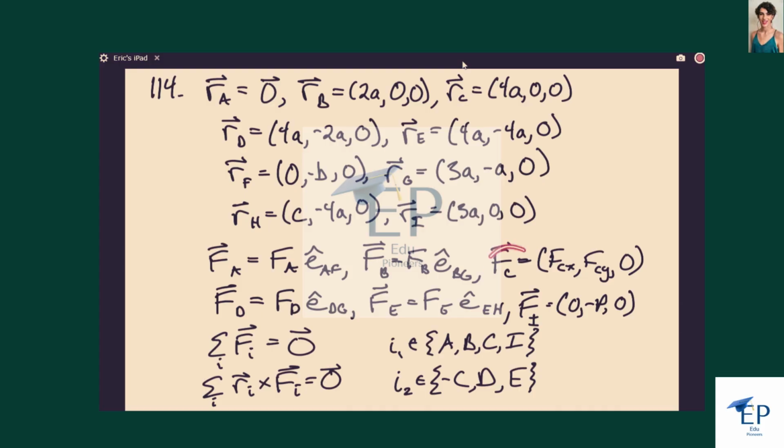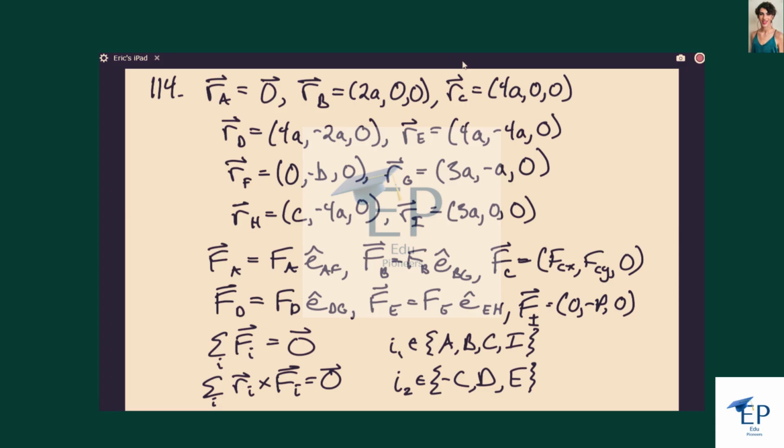C is where the two non-two force members are pinned together, so that has generally 2 unknown components. D is a two force member that connects point D to point G, so it has a direction DG, and this would be a 135 degree angle.